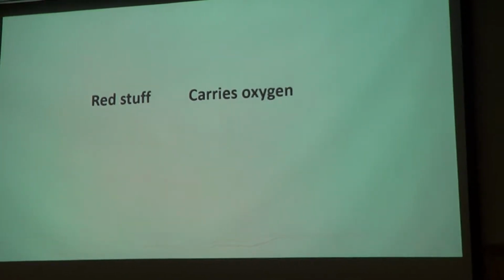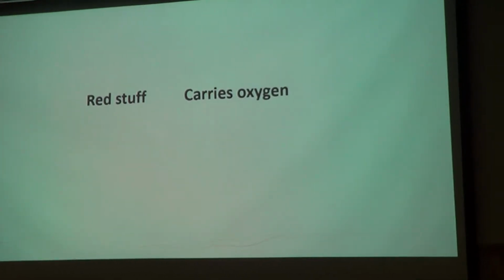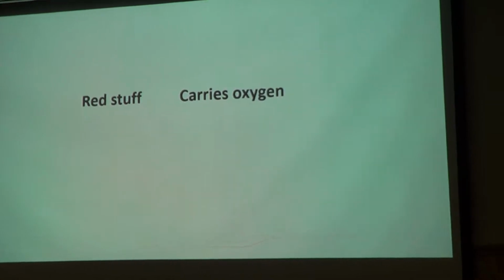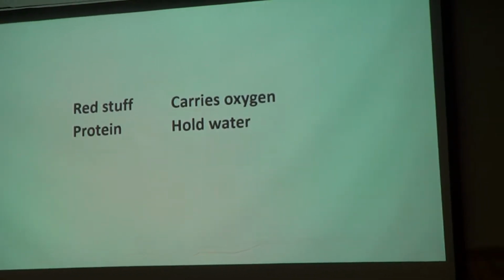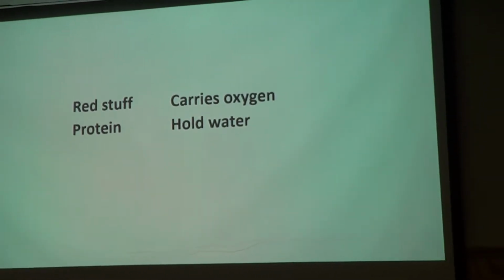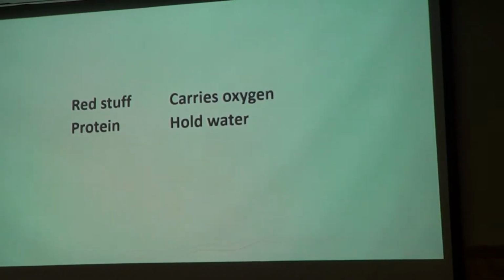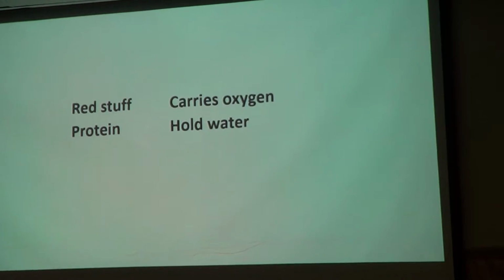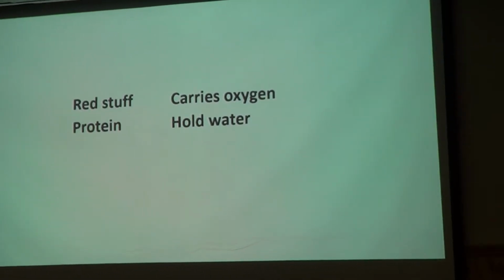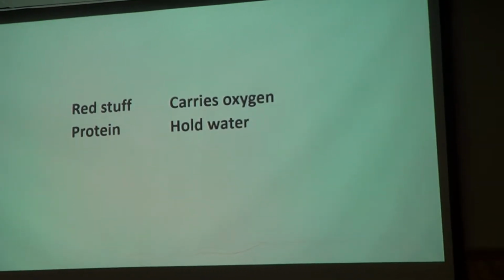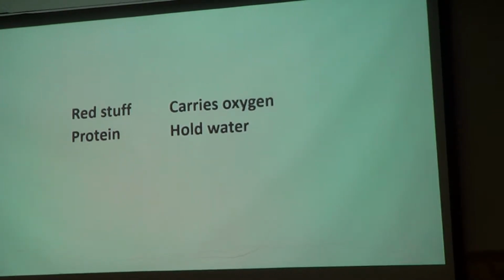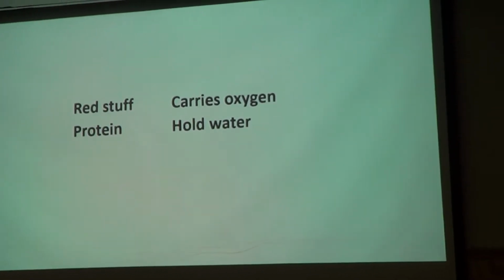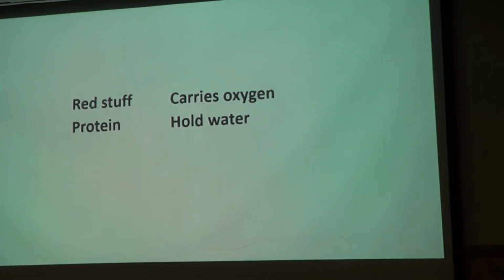And that is the purpose of the red stuff. And the protein in the blood compartment holds the water like a sponge. So I'm going to mention situation where the blood protein is low, the water leaks out. You develop swelling. Remember that.